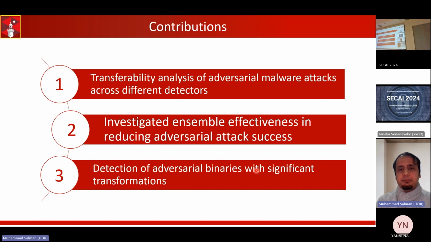Next, we showed that ensemble detectors are effective in countering the success rate of the adversarial attacks. Last but not least, we demonstrated that a significantly transformed adversarial binary can be easily generated with the help of the new signature.